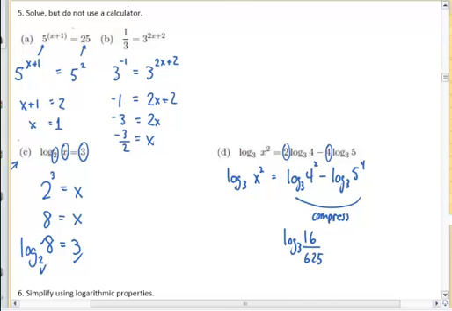So what I basically did was two steps in one, where 5 to the 4th is equal to 625, and 4 squared is equal to 16. And because of the subtraction here, when you compress the logarithms, it becomes one logarithm of division. And on this side, I have log base 3 of x squared.